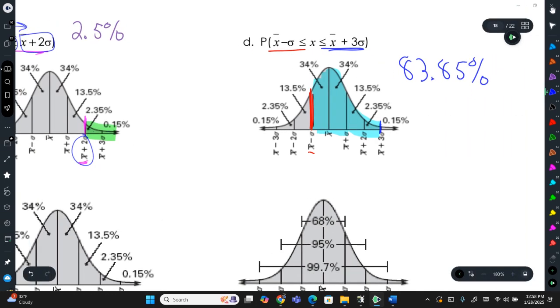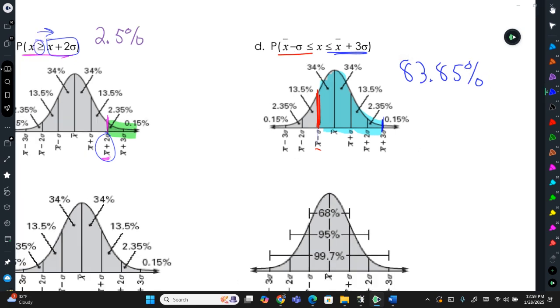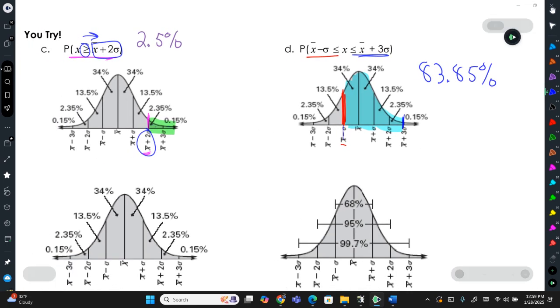And then for letter D, I want everything that is bigger than x minus the standard deviation and smaller than x plus 3 standard deviations. So I marked those, and then in between, when I added all those up, I got 83.85. So there was more of a glorified matching thing and then a shading with some addition afterwards.